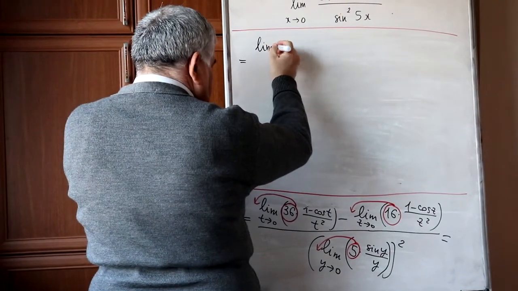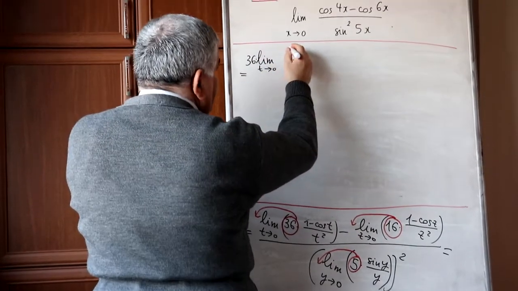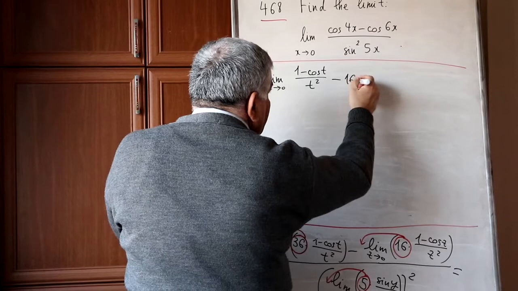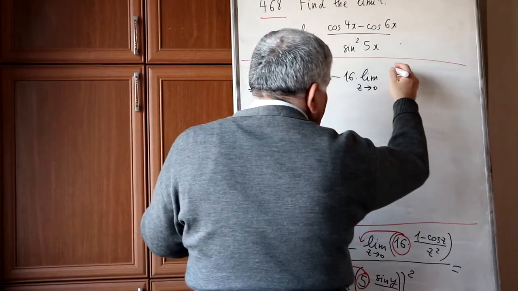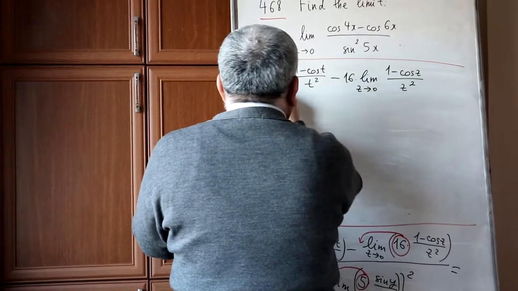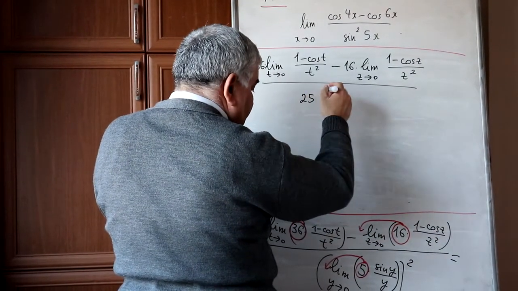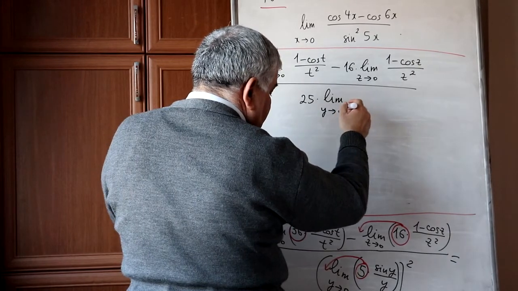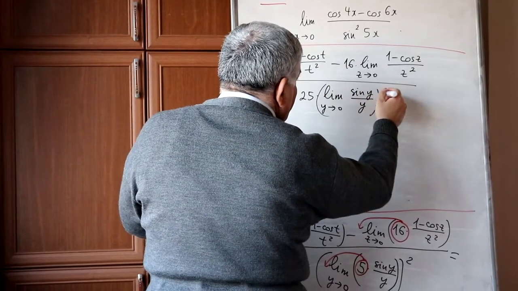Limit: 36 multiplied by limit when t tends to 0 of 1 minus cosine t over t squared, minus 16 multiplied by limit when z tends to 0 of 1 minus cosine z over z squared, divided by 25 multiplied by limit when y tends to 0 of sine y over y squared, equals.